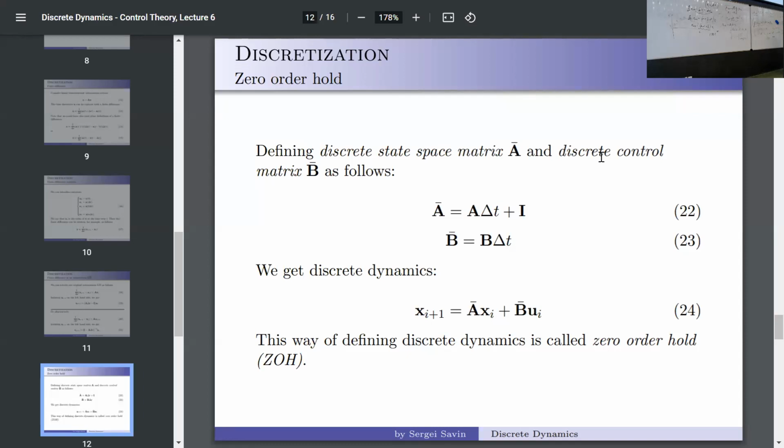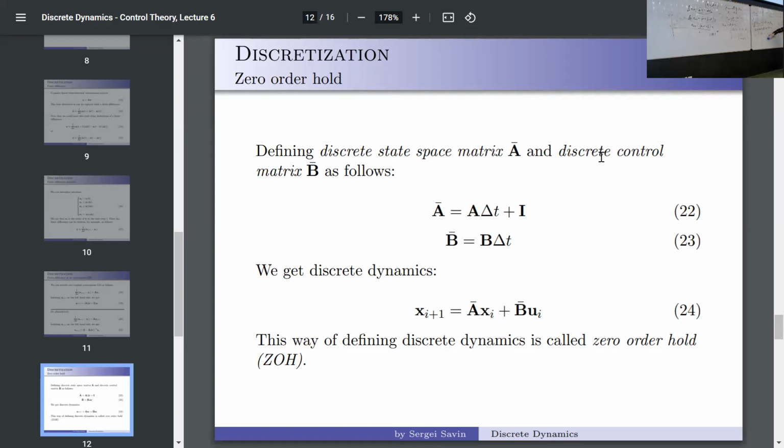When you multiply both sides by delta T, you'll have this expression: X sub i plus 1 minus X sub i equals A delta T X sub i plus B delta T U sub i.